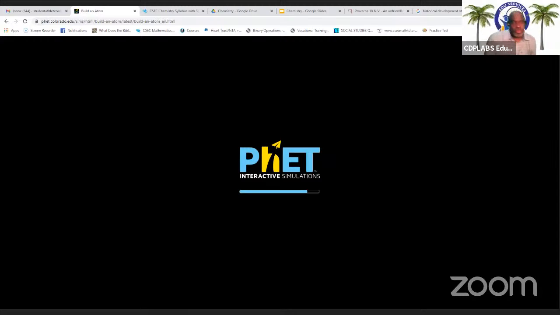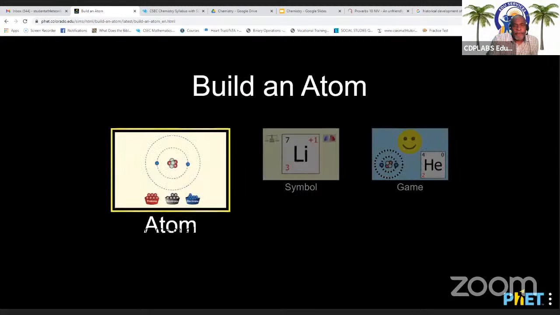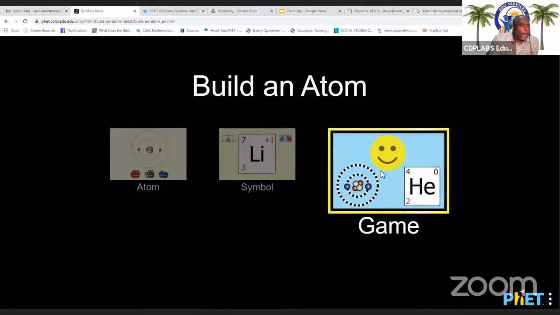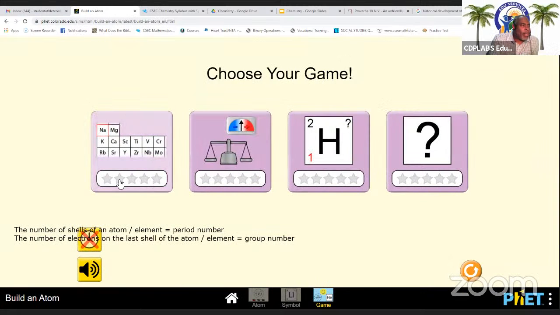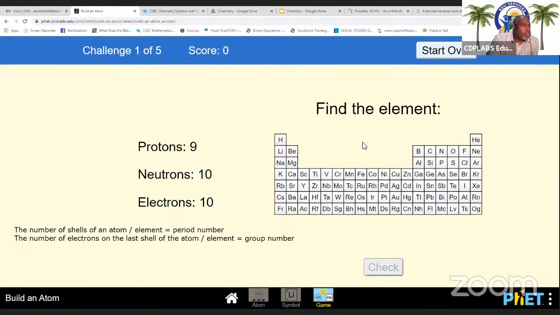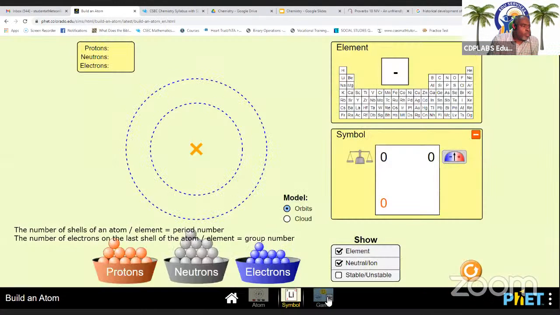Let's try another one. Let's find it. I was hoping it would have increased the number of shells, but that's not possible right here.